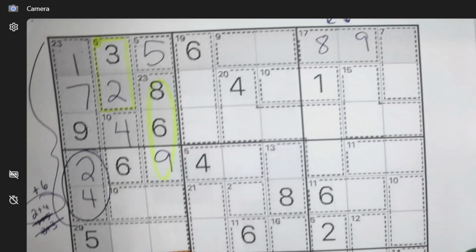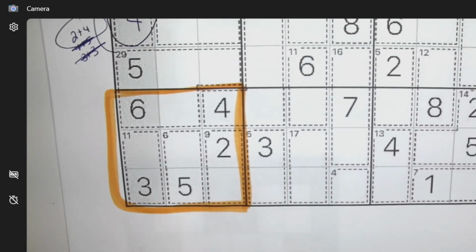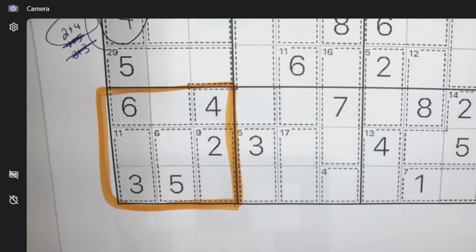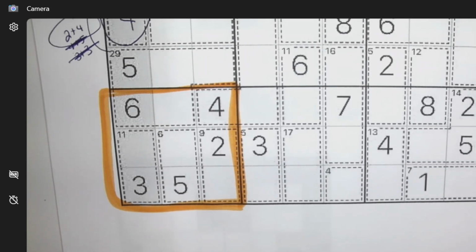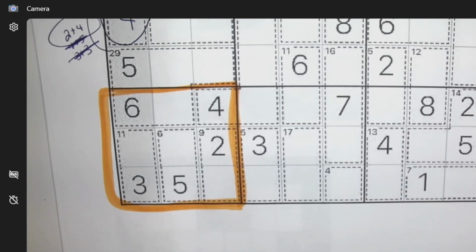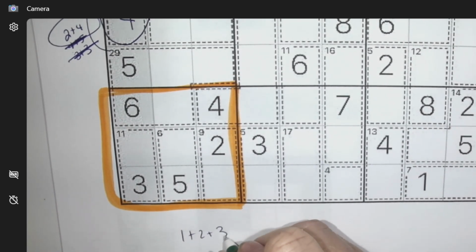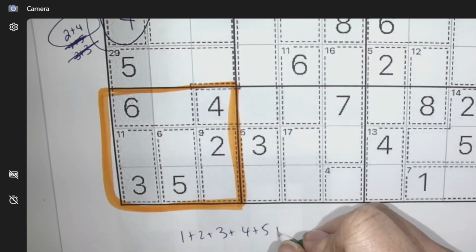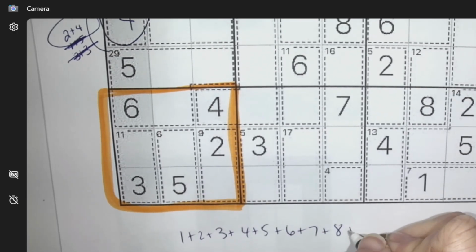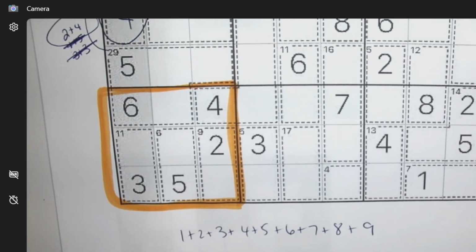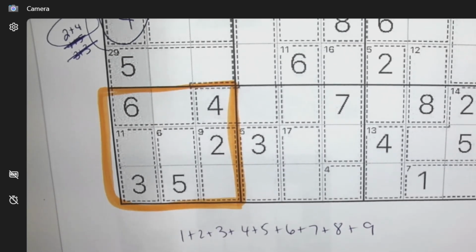Does anybody know what an entire box has to make? 26. No. 30. Okay, do you know every single box has to have a 1, 2, 3, 4, 5, 6, 7, 8, 9?